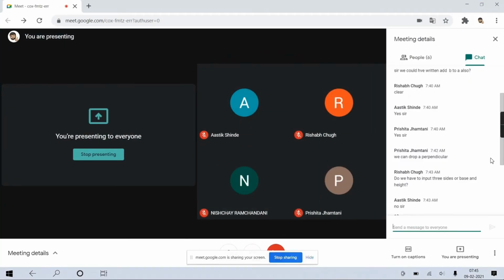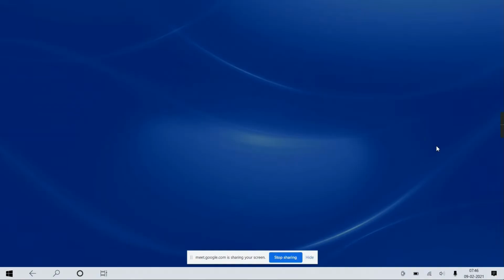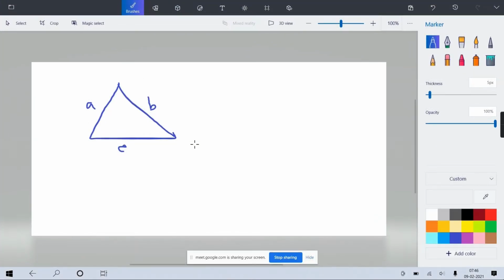Okay. And from that we have to calculate area. Is it possible? Do you recall? In such case, there is one formula. Exactly. Very good. You remember it.